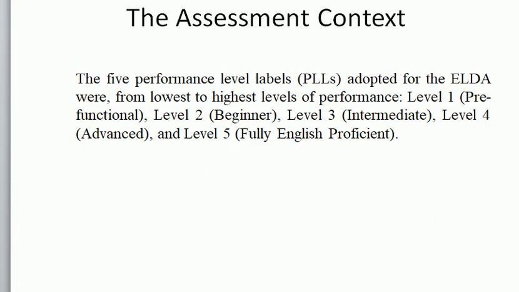The 5 performance level labels, PLLs, adopted for the ELDA, which is the name of a test, were, from lowest to highest levels of performance: Level 1 pre-functional, level 2 beginner, level 3 intermediate, level 4 advanced and level 5 fully English proficient.